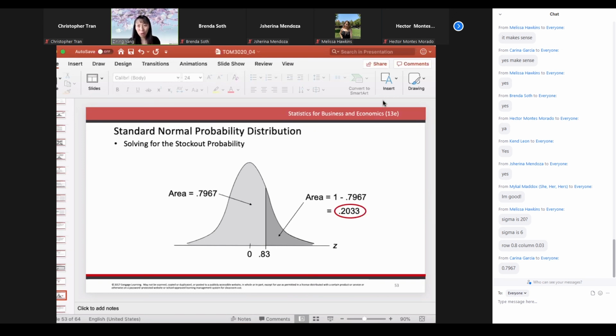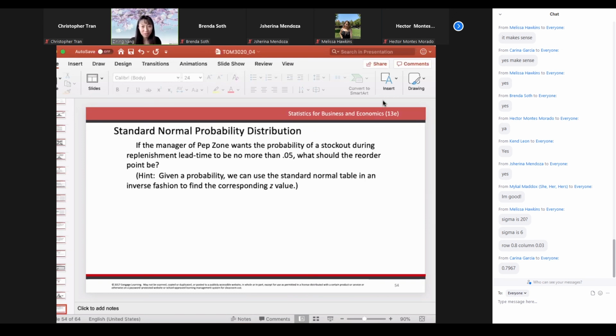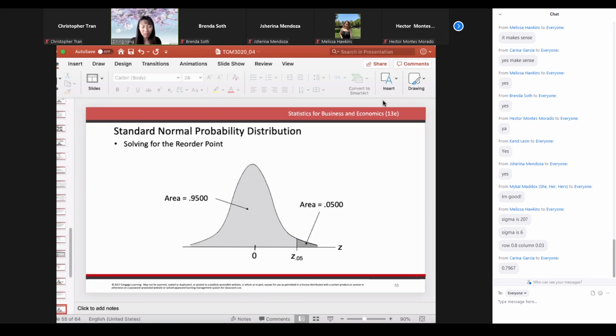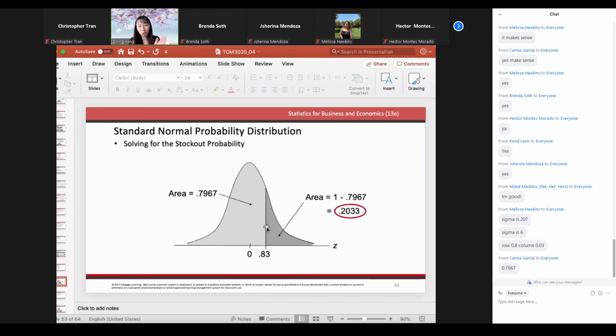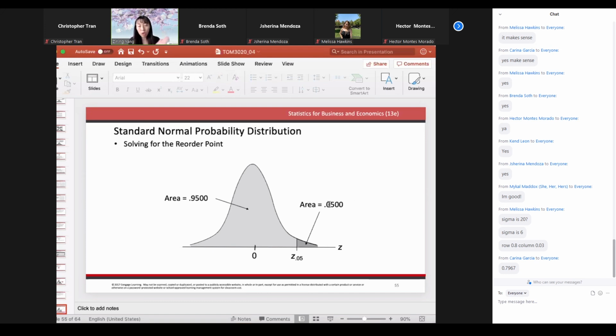And here we got a hint. What we are trying to do is to reduce the darker gray area, reduce the size of this area from 0.2033 all the way to 0.0500.